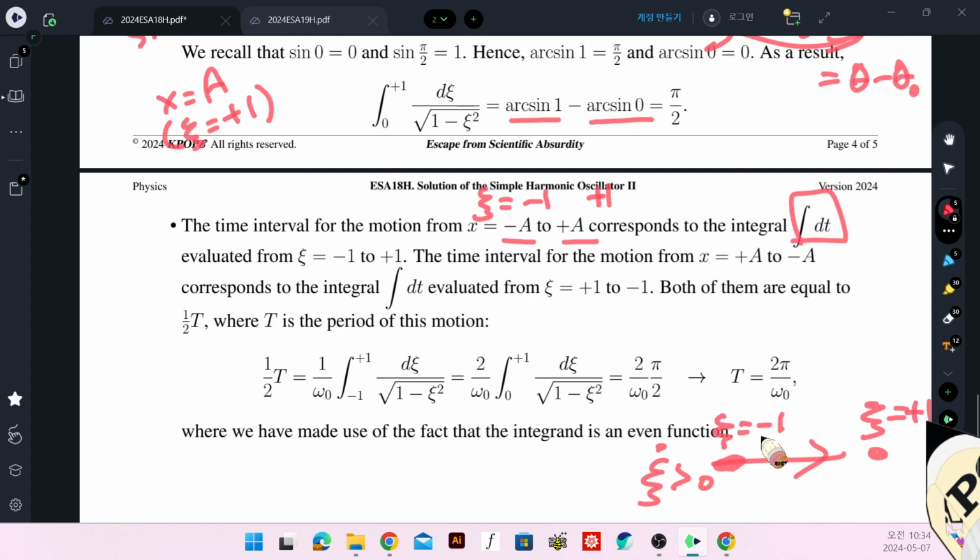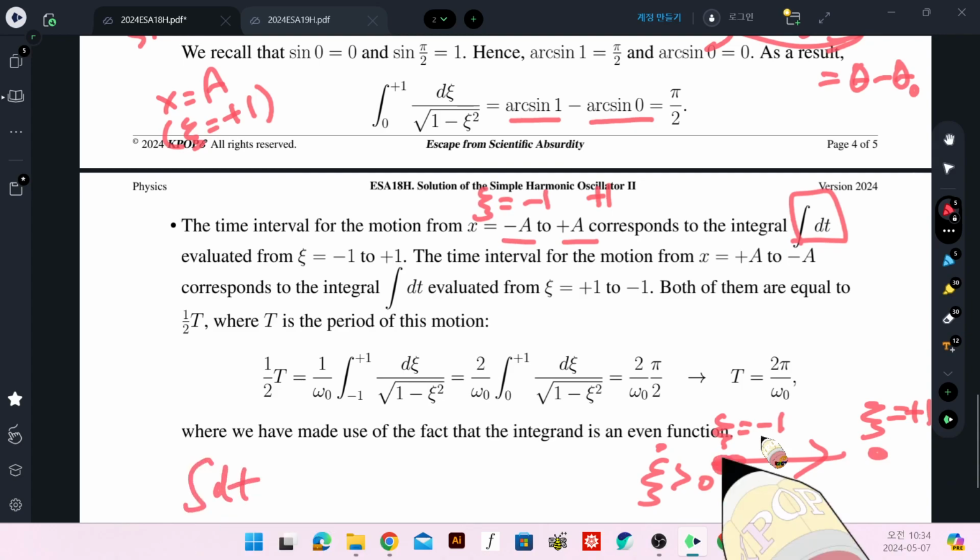The integral gives the motion between the two turning points, from the leftmost to the rightmost point, from the negative value of x to the positive maximum value of x, minus a to plus a.